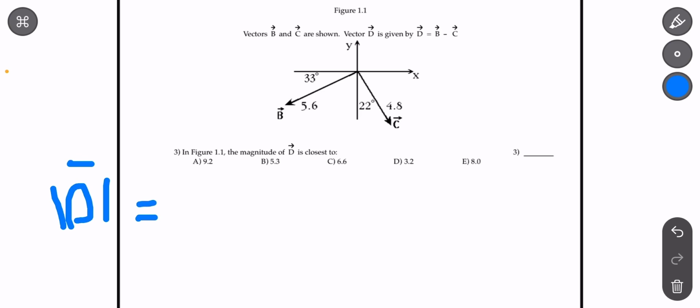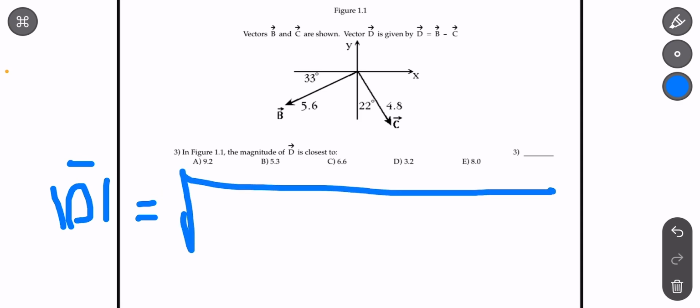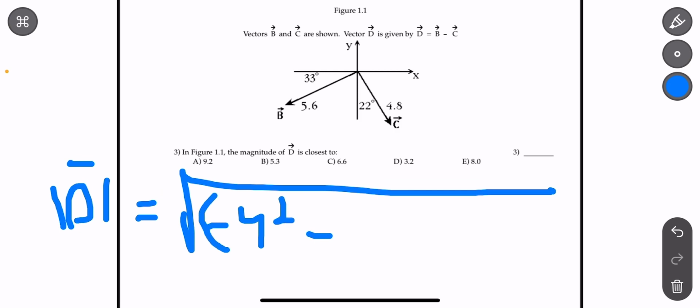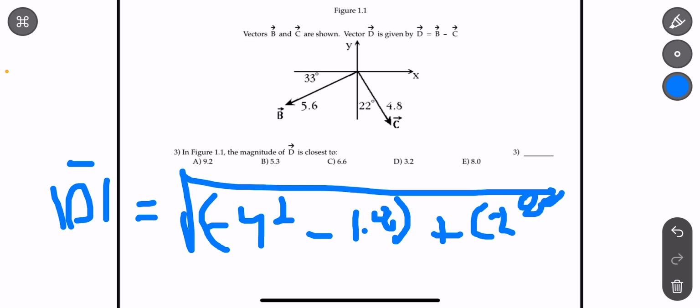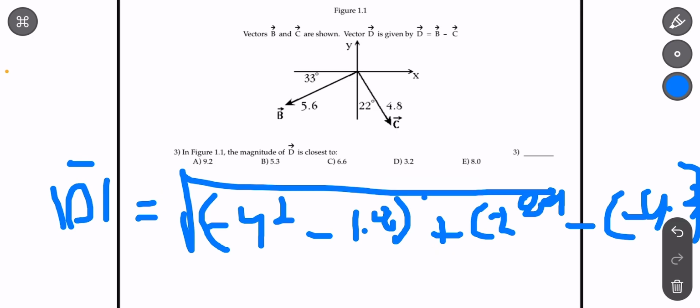After you get the I's and J's, after you subtract them from each other, it should look something along the lines of 4 plus 2 negative 89 minus 4.3. It should look something along the lines like this with the 2 here. Okay? And there's a 2 over here.